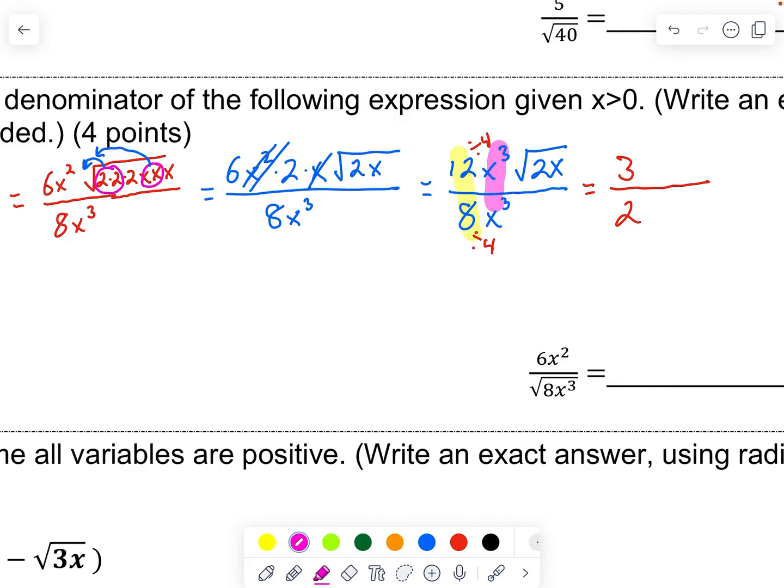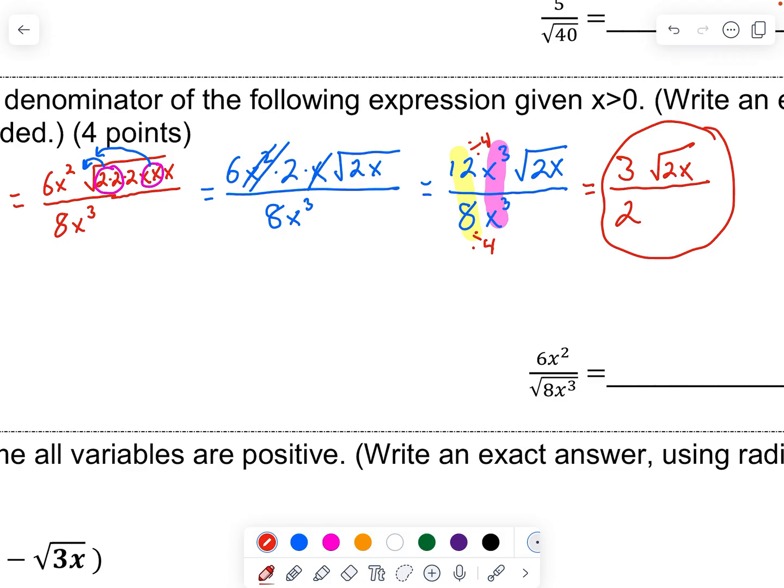Anything over itself is just 1. And all I have left now is 2x in the numerator. There's my final answer: 3 square roots of 2x over 2.